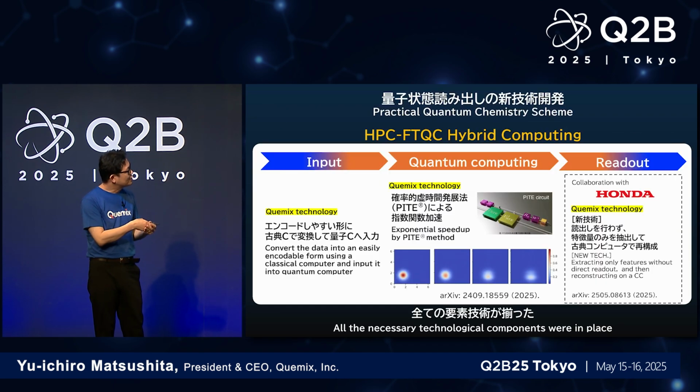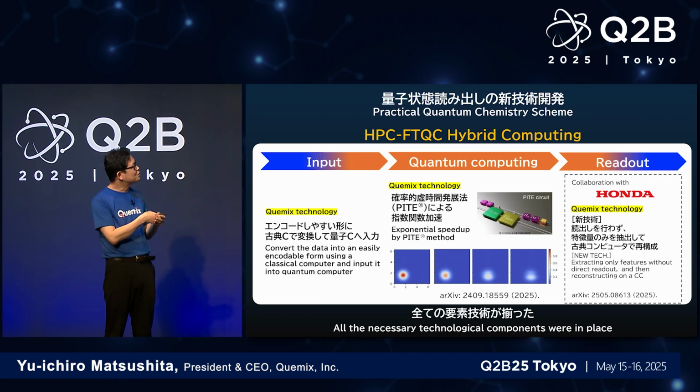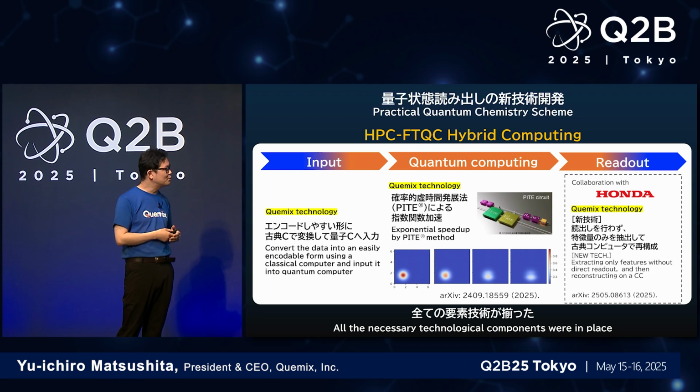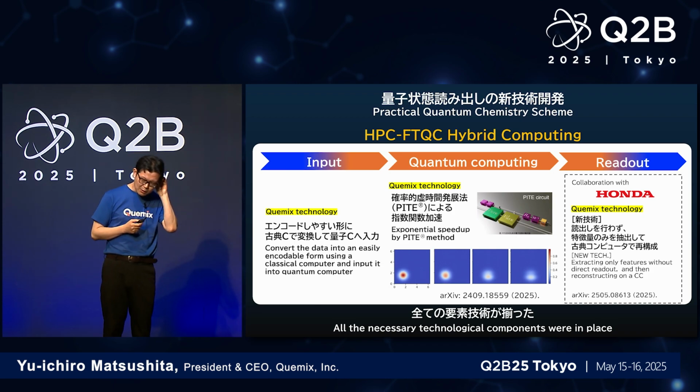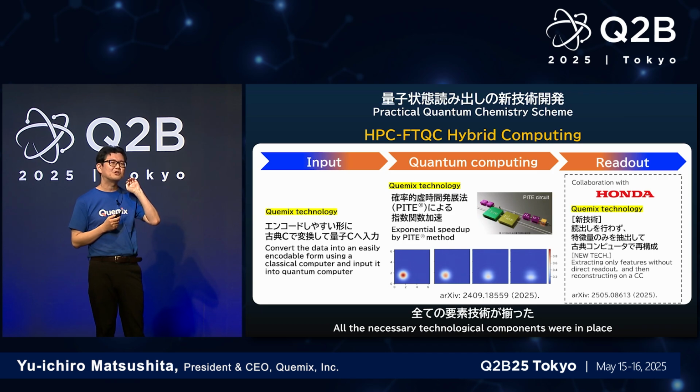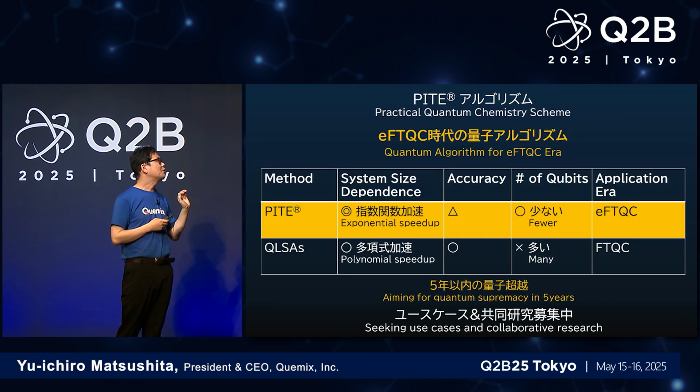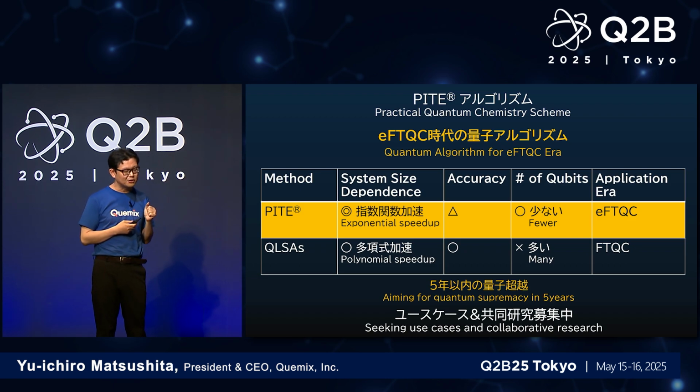So these are the three elements that are in place. I didn't emphasize this too much today, but in terms of the quantum calculation, PITE, I want to mention a little bit. Why is it that we emphasize PITE? Because PITE is extremely effective in the FTQC era, and it's an outstanding choice as well.